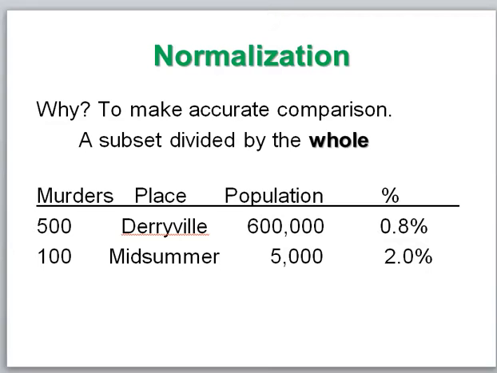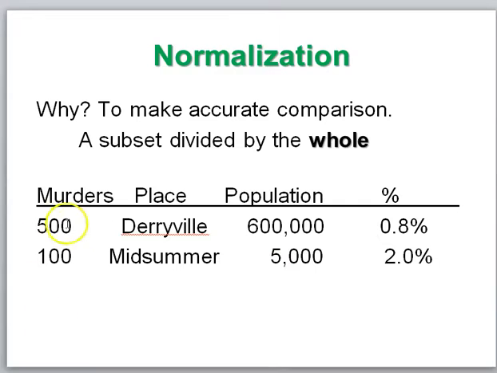So when I look at this attribute table that shows the population of these two cities, here are the murders in Derryville. There's 500 murders in Derryville, and the population is 600,000. In Midsummer, which is a European British town, there are 100 murders in whatever year this was, but the population is only 5,000.